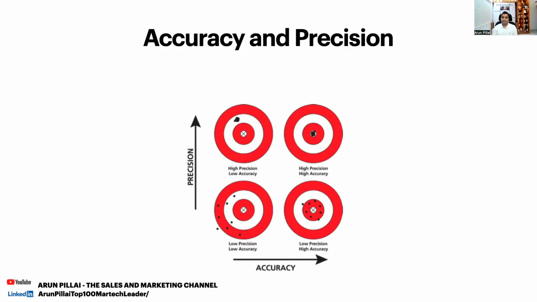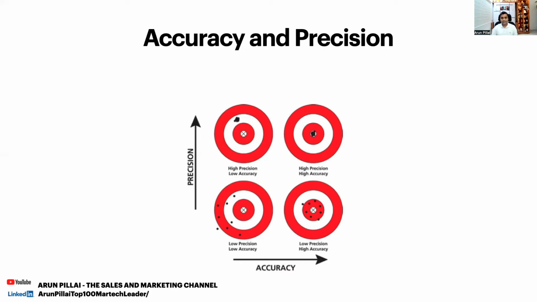In order to understand active audience targeting, we need to first look into what is accurate marketing communication and what is precise marketing communication. What are the differences and how can we accurately and precisely deliver our marketing communication.